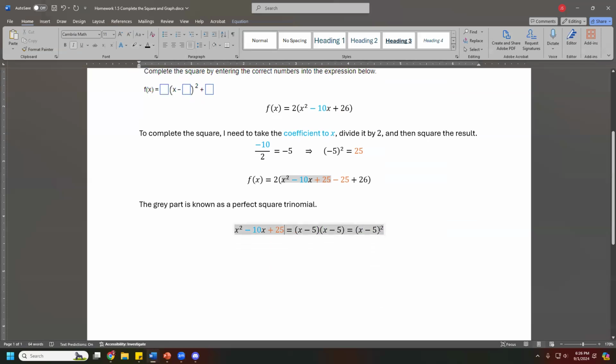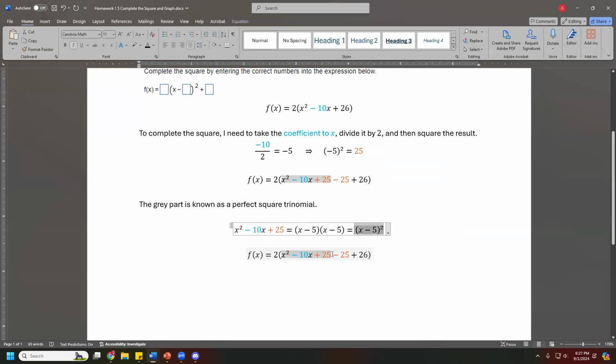I'm going to get rid of my color coding on this. Essentially this gray highlight becomes this thing. So this gray and this gray are equal, so I'm going to go ahead and exchange that out.